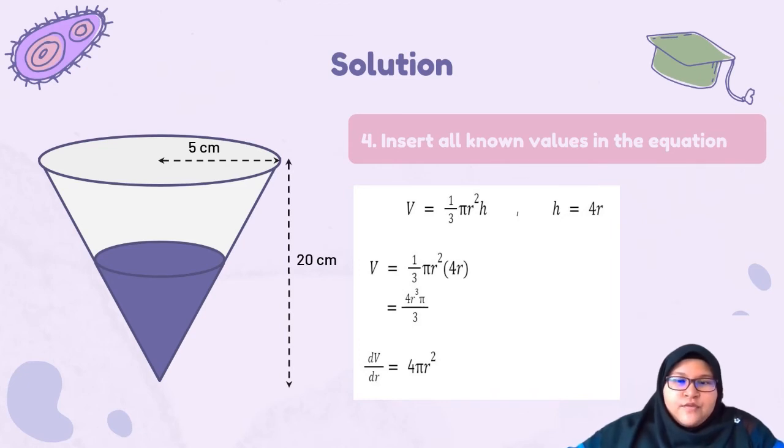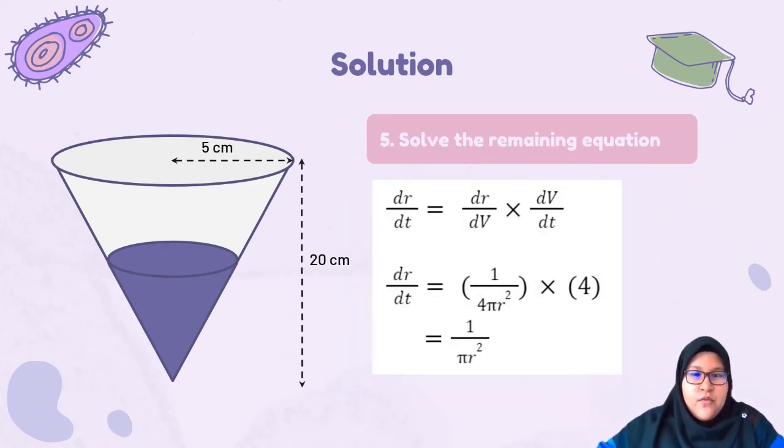And then we simplify, and we get the answer 4 pi r cubed over 3. Then we differentiate the value of V, and we get dV over dr equal to 4 pi r squared.